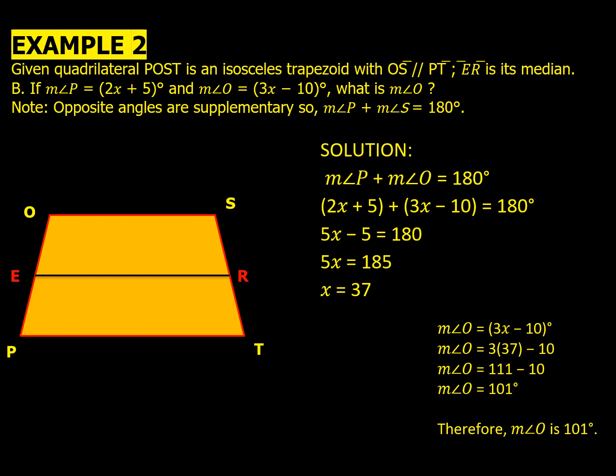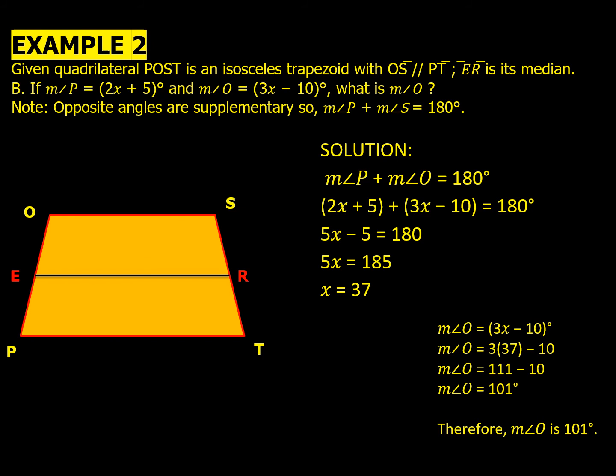So note, opposite angles are supplementary. So the measure of angle P plus the measure of angle S is equal to 180 degrees. Since angle S and angle O are one pair of base angles that are congruent, then we can say that the measure of angle P plus the measure of angle O is also equal to 180 degrees.